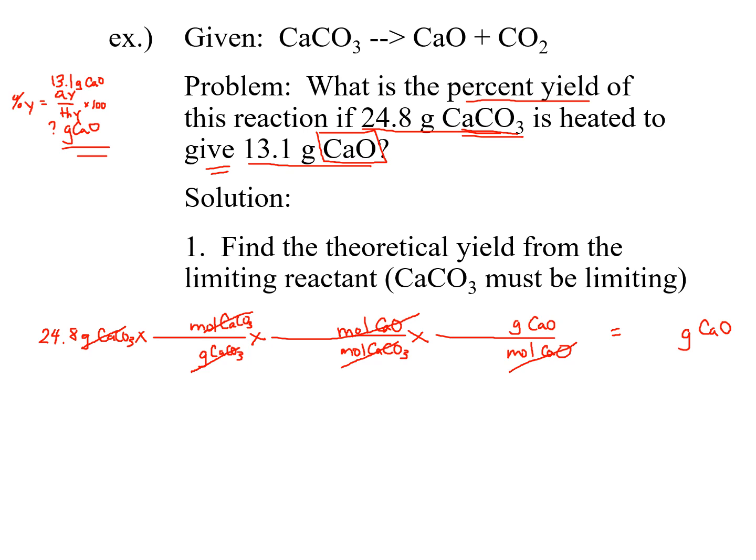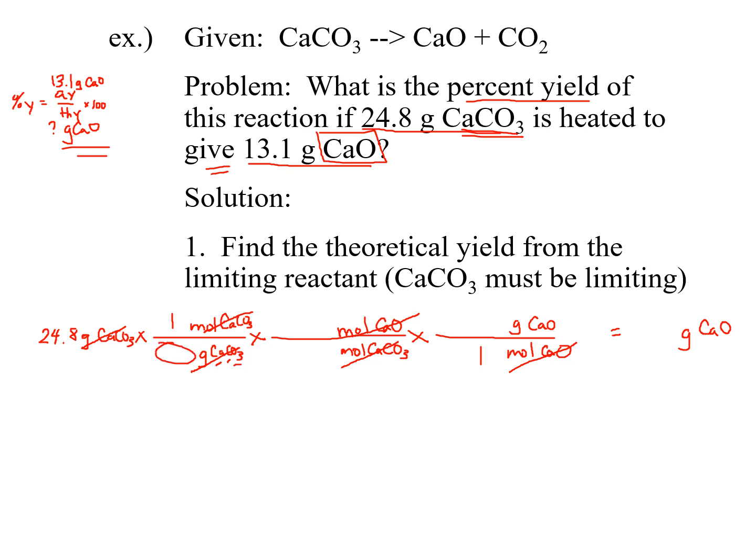Now, let's fill in the numbers. Remember, this one is always 1, this one is always 1, no matter what. Every single problem you ever do in your entire life like this will always have 1s there. Where do the grams come from? The grams come from the periodic table. So that means you had to go and look up Ca and C and 3 O's and put that here.